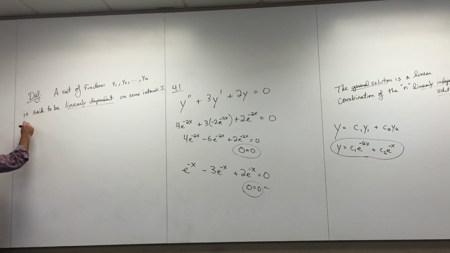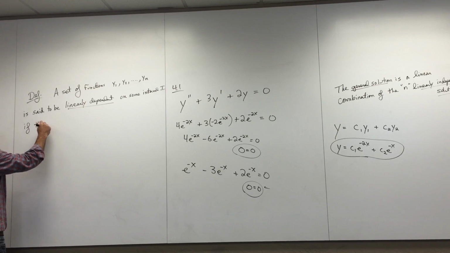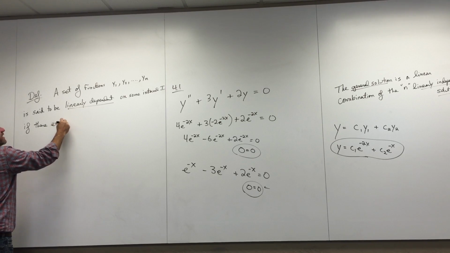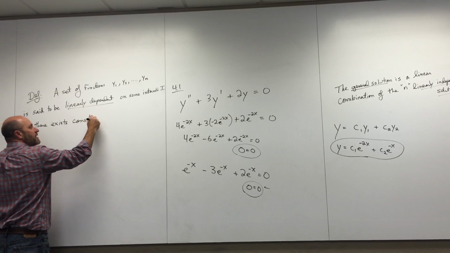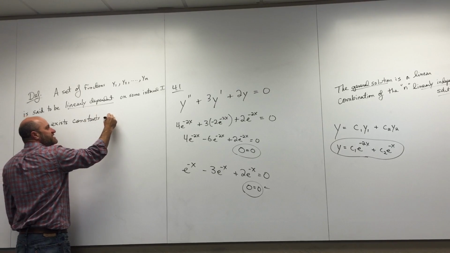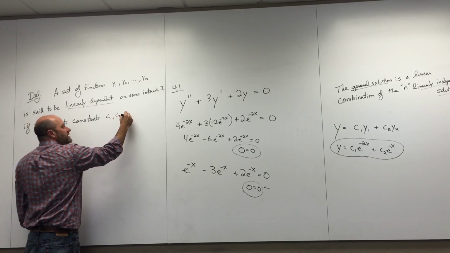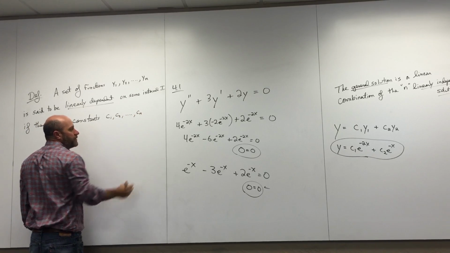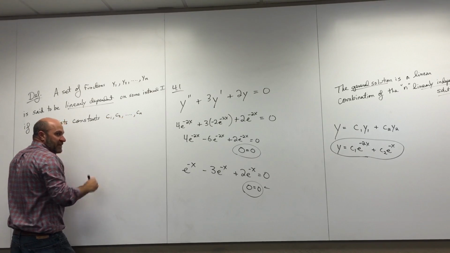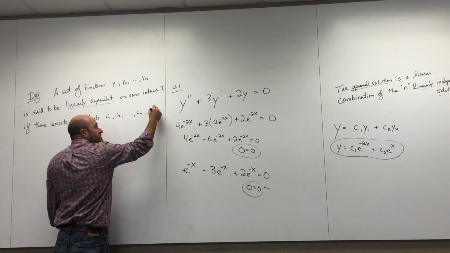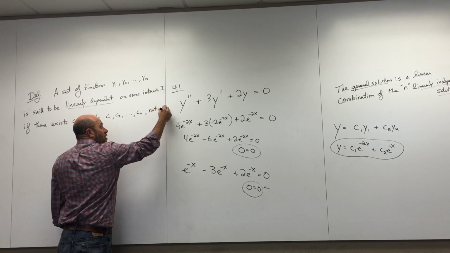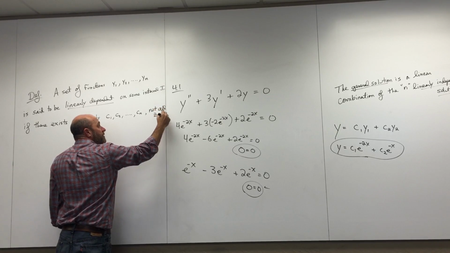Watch this. If there exist constants C1, C2, ..., Cn, and here's something about these constants: they're not all 0. Not all of them can be 0.